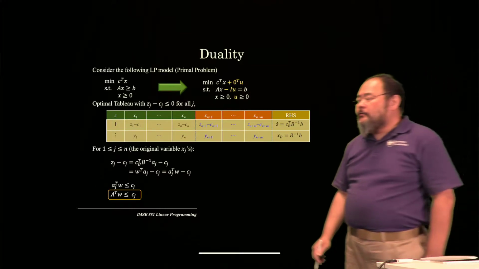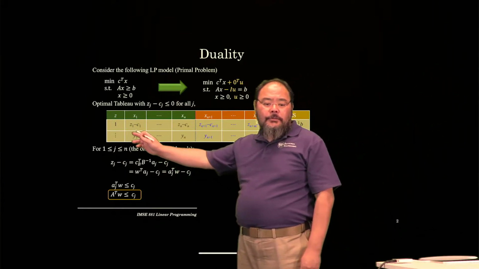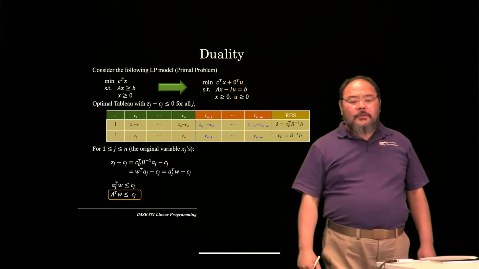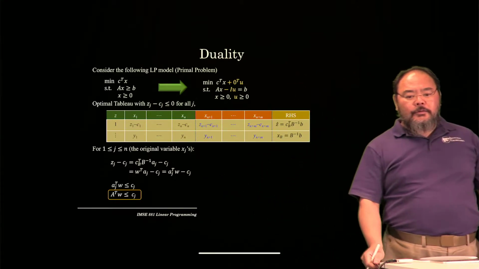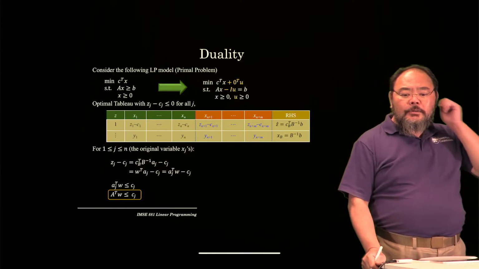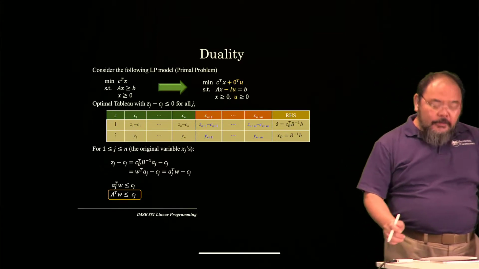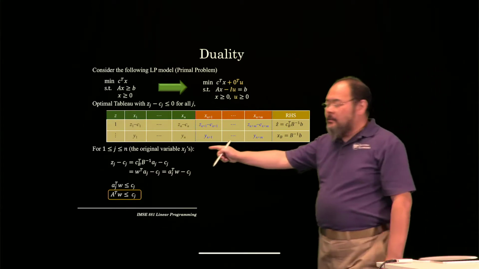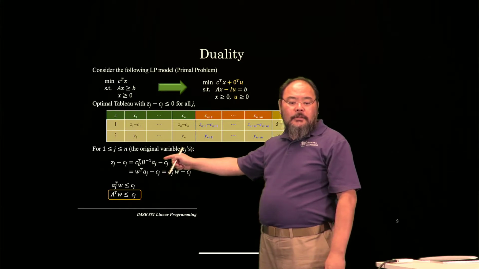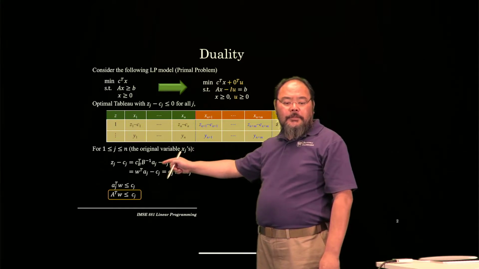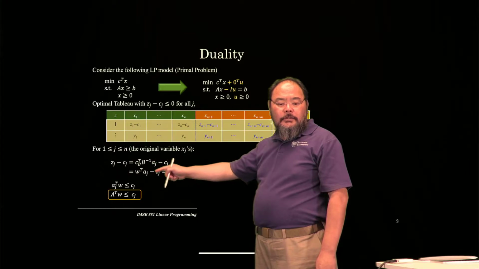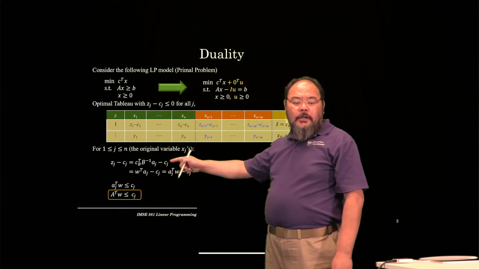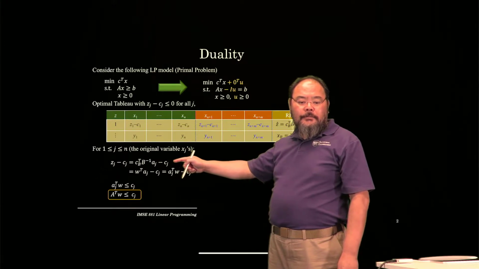First I want you to pay attention to the original columns, the variable columns corresponding to the original variables. For the original variable xj, the zj minus cj is actually equal to cB transpose times B inverse times aj minus cj. aj is the original column corresponding to xj, and cj is the cost coefficient corresponding to xj.